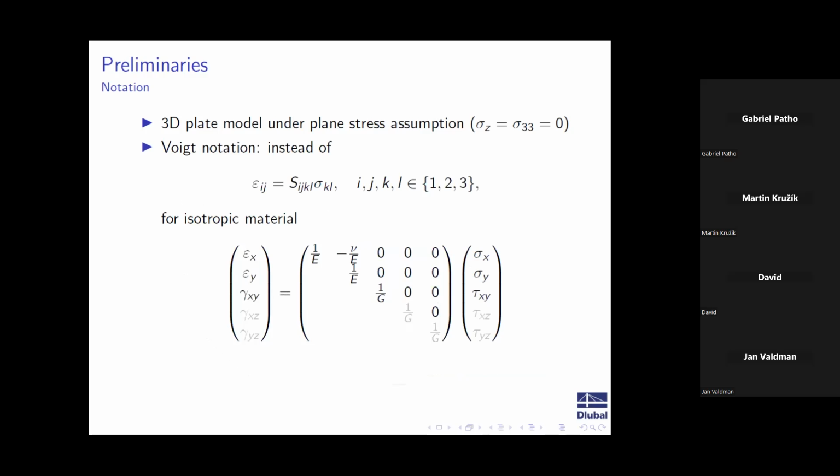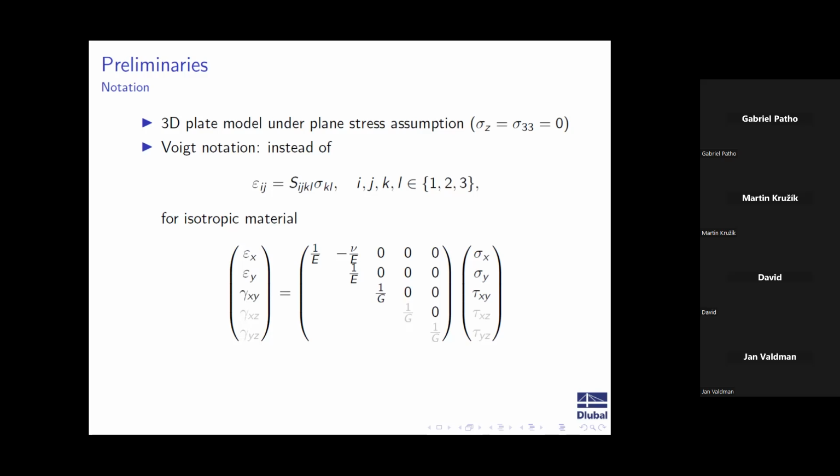As to the notation itself, we are dealing with realistic 3D, so we always use the Voigt notation. My stress and strain tensors will be 3 or 6-dimensional vectors. The compliance matrix is also not a fourth-order tensor, but a classic symmetric matrix.